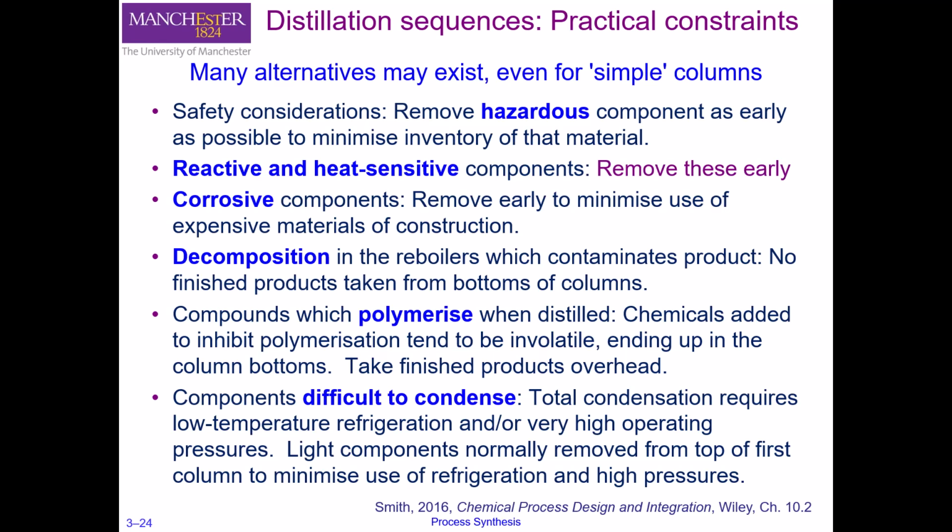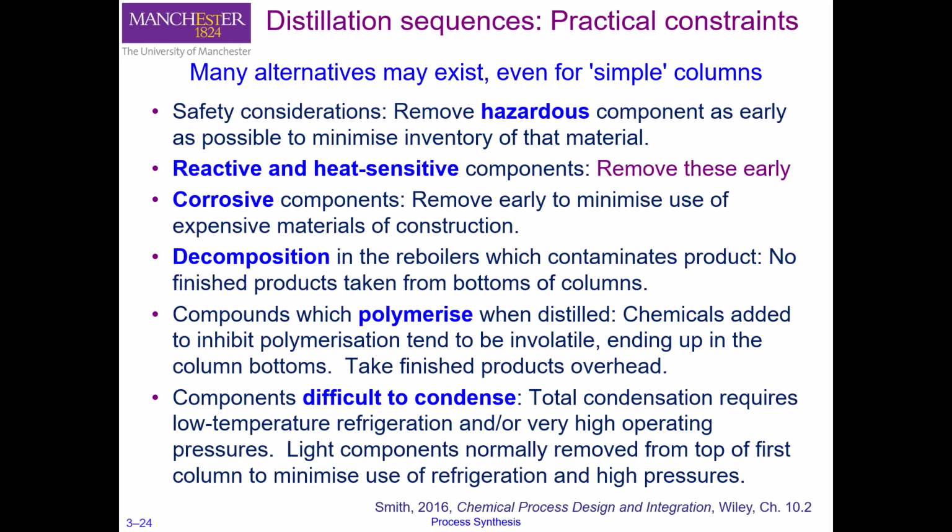So we prefer to remove these low boiling materials early on in the sequence, so that the downstream columns don't have to handle these light components again. By removing them early on, we can operate the rest of the columns with relatively low grade cooling utilities like cooling water and air.